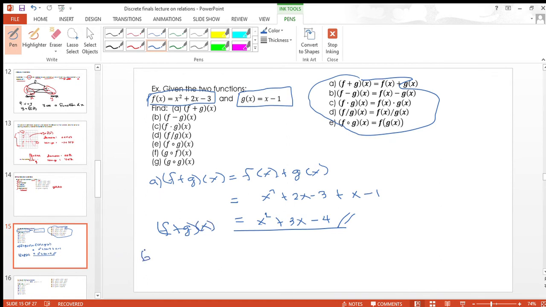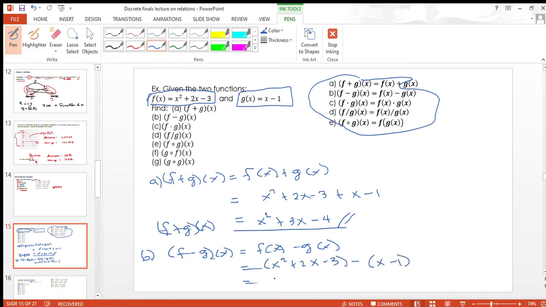Now for letter B, if we want now to get the difference, f minus g of x, we just go through the definition. This is just f of x minus g of x. Substitute values. Our f of x is x squared plus 2x minus 3. Just be careful with the sign here. Don't forget the sign of grouping. Minus x minus 1.